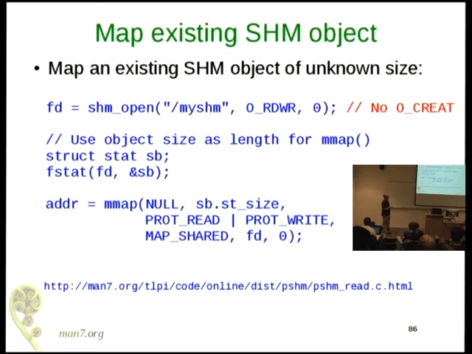Then I need to find out how big that object is because someone else has already created it and sized it. So I make an fstat call which passes one of these stat structures as a second argument, and as a result I get back the size of that object, and I use that in my mmap call to specify how big my mapping is, and then it looks very much the same as before.